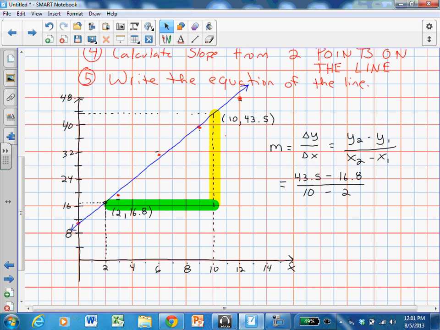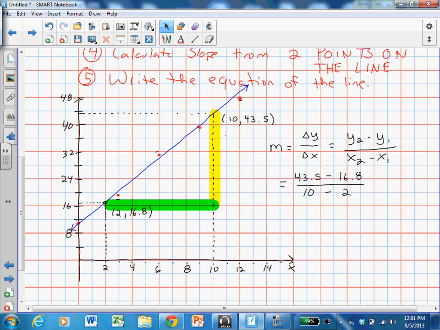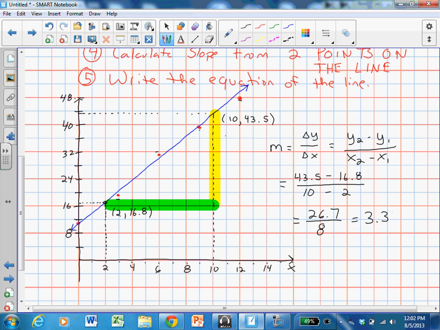So let's calculate that now. 43.5 minus 16.8 gives us 26.7. 10 minus 2 gives us 8. 26.7 divided by 8 is 3.34, and that is our slope. So this is our slope, m.